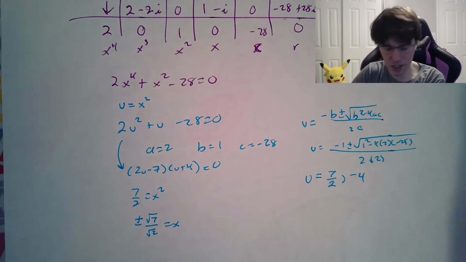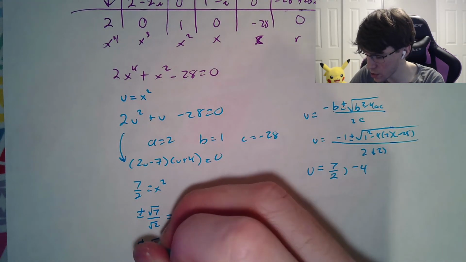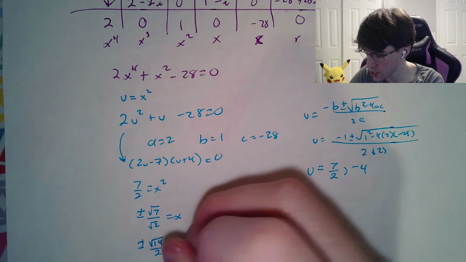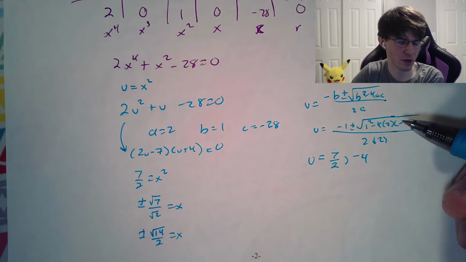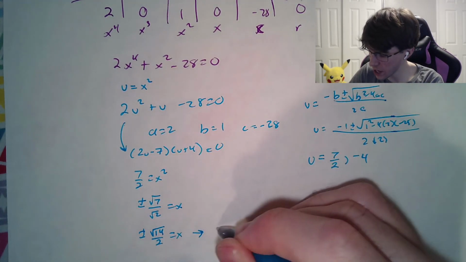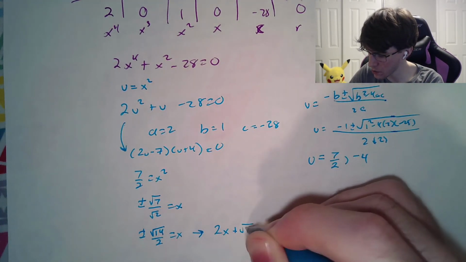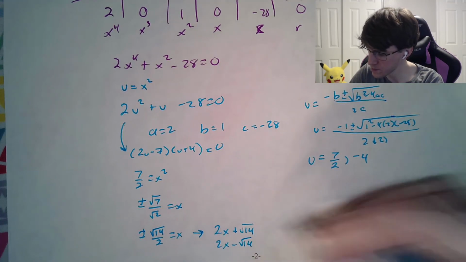It is customary to rewrite it with a rational denominator, so plus or minus the square root of 14 over 2 is equal to x. If you want to know how I did that, I simply multiplied the top and bottom by the square root of 2, which becomes the factors 2x plus the square root of 14 and 2x minus the square root of 14.